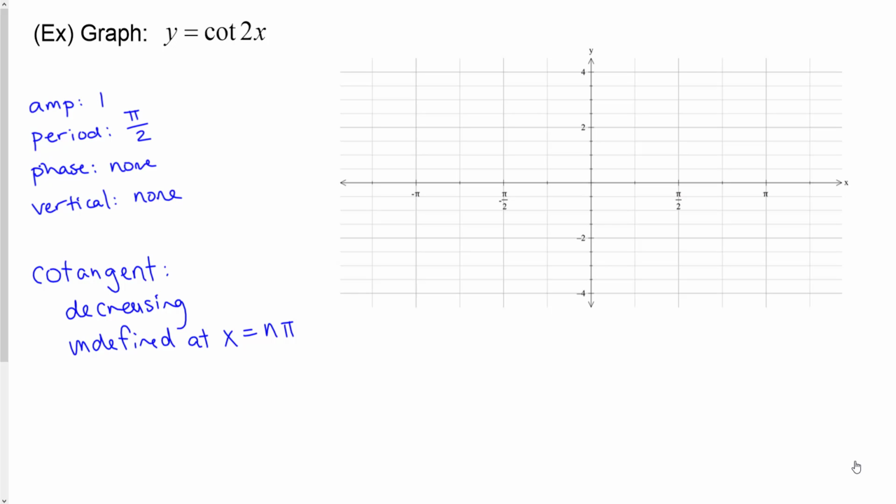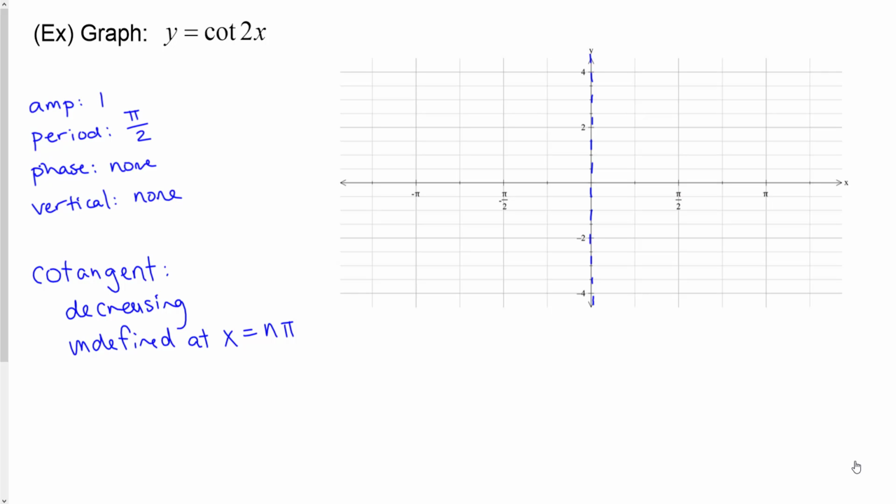So the graph is going to be undefined at 0. So I'm going to have a vertical asymptote at 0. Now, if the period change weren't happening, my next asymptote would be at pi.